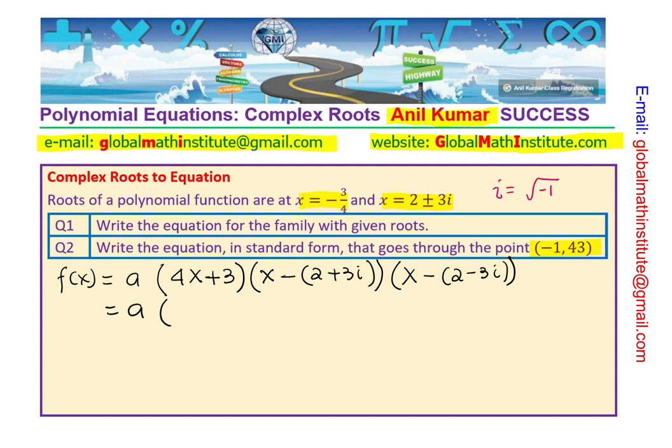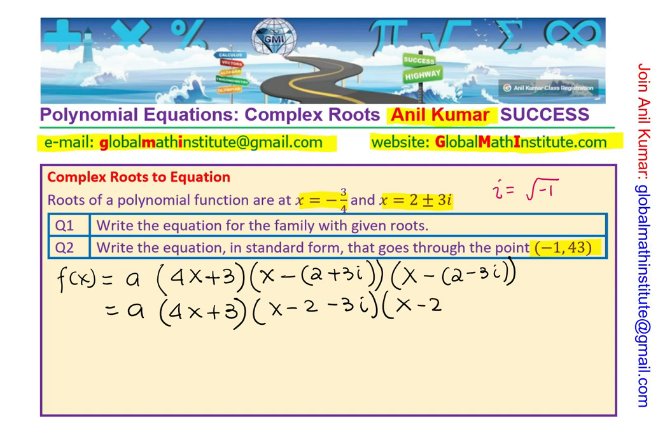We can write 4x plus 3. Let's deal with the part having the complex numbers. If you open the bracket, you get x minus 2 minus 3i times x minus 2 plus 3i. How do we multiply it? Well, if you do this multiplication, there are many terms.